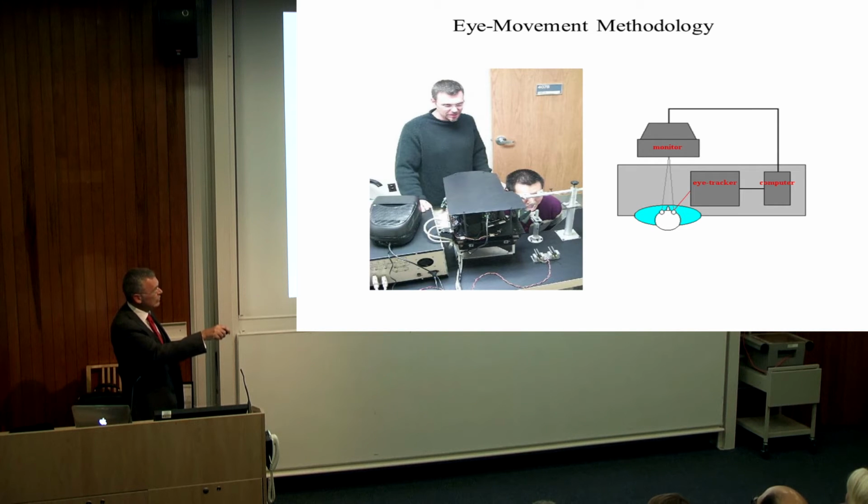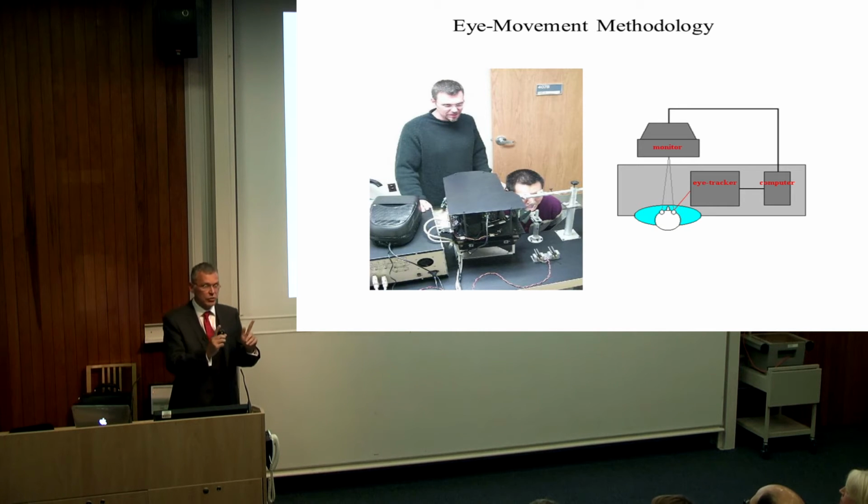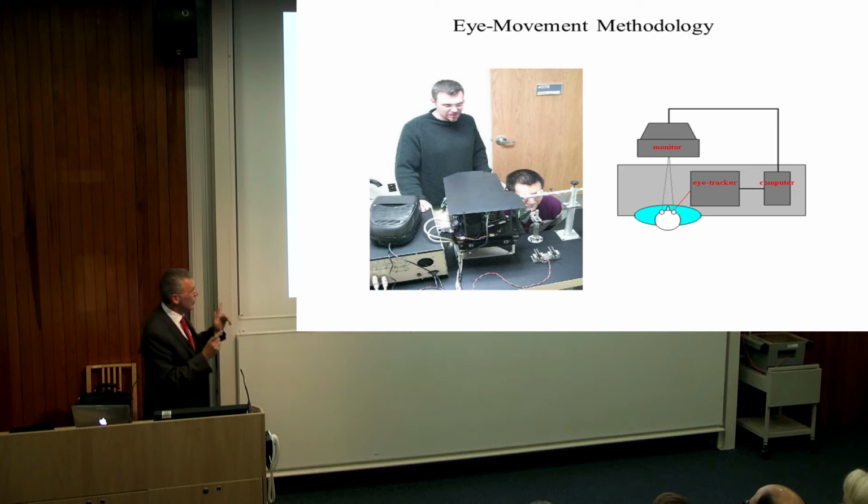It shines a light into the eye, reflections are picked up, and using trigonometry, the eye tracker can track the position of the eye in real time. On top of that, the computer which collects the data can also control what is being displayed on the monitor as a function of where the participant is actually looking.